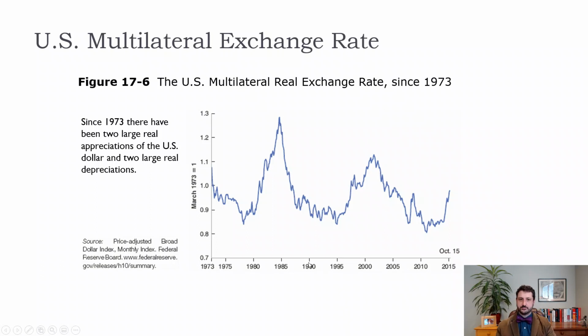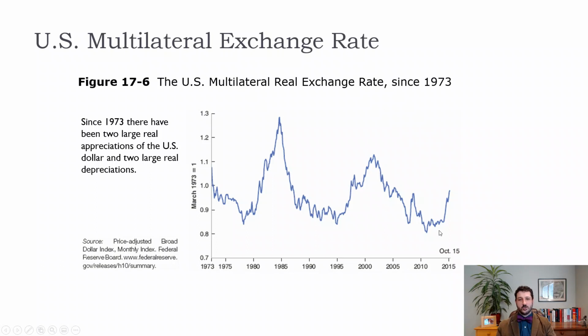exchange rate. So here it is since 1973. And basically, we've had two large appreciations since that time. So it was a depreciation through sort of the late 70s, and then a real appreciation in the early sort of first half of the 80s. Again, a big depreciation until the mid 90s, appreciation, and then another depreciation.